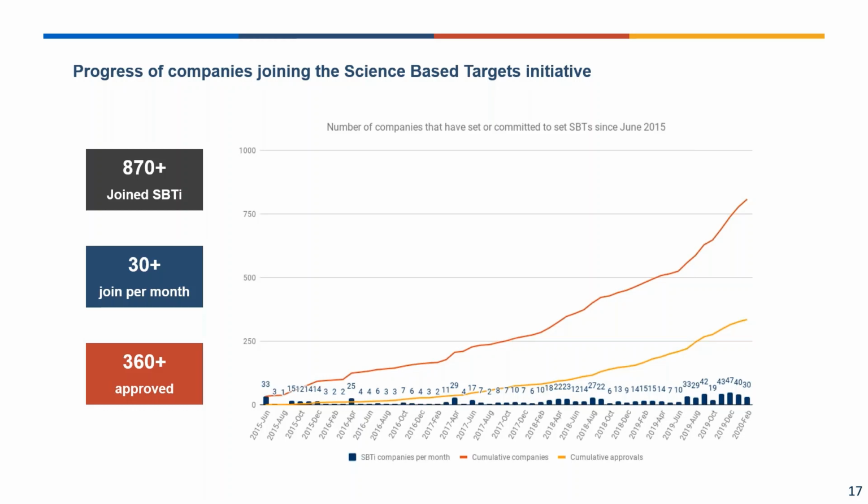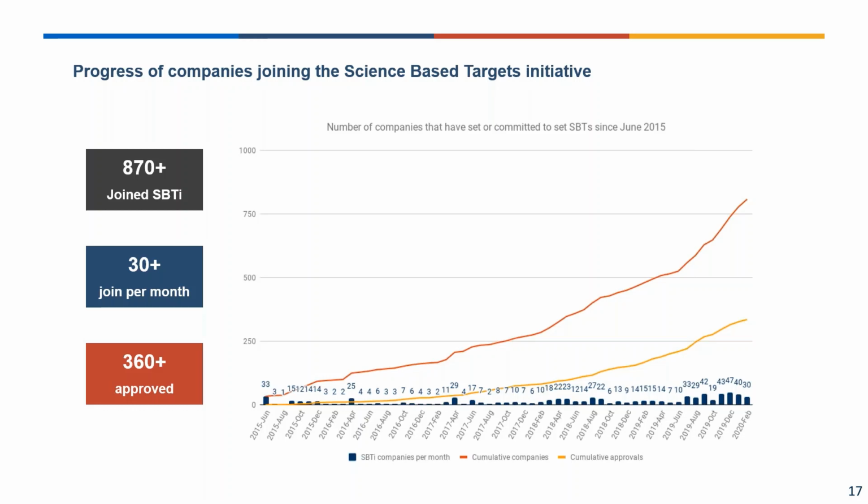We're also seeing more and more companies joining the Business Ambition for 1.5 campaign. We have around 210 companies, and these companies are committing to the highest level of ambition of the Paris Agreement, which is the 1.5 degrees, and net zero emissions by no later than 2050.